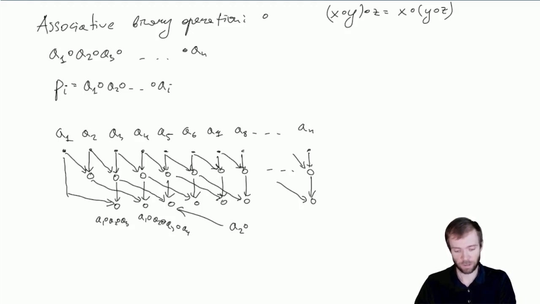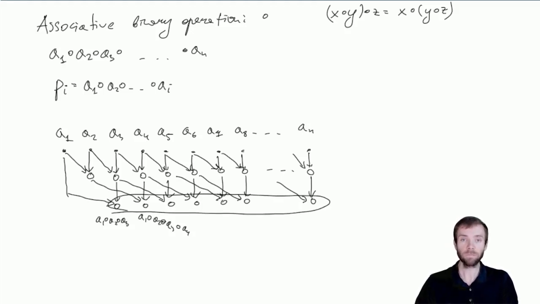So this is actually A2 times A3 in parentheses times A4 times A5. But as our operation is associative, we can forget about all these parentheses here. So we now see that on this layer, we have the products of 4 consecutive values.